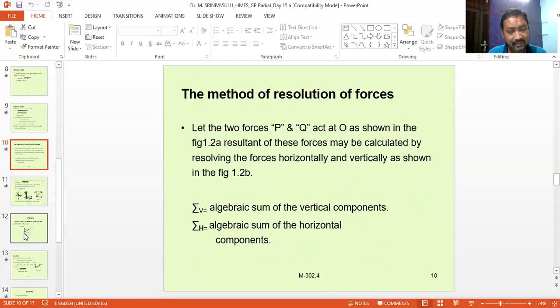This method is applicable for two forces, three forces, or any number of forces, and it will give the same result.